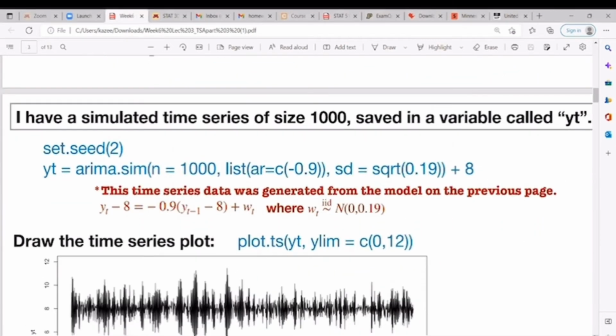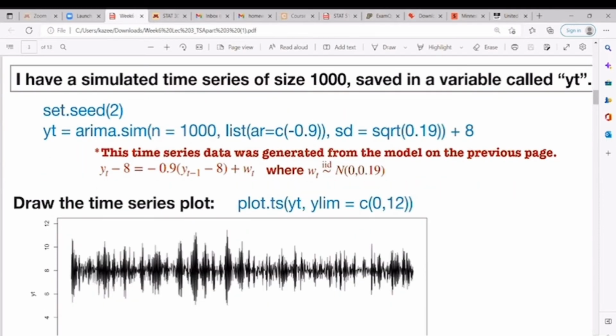Okay, now I want to go into the practical one, where we want to make use of a data set. Don't forget, if we really want to do time series analysis, we're basically going to analyze a data set. You get what I mean?